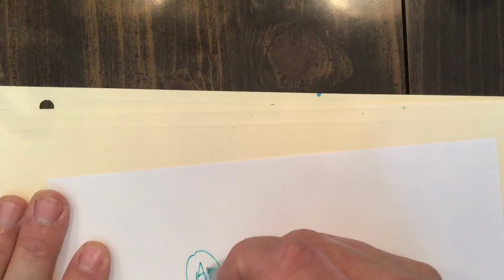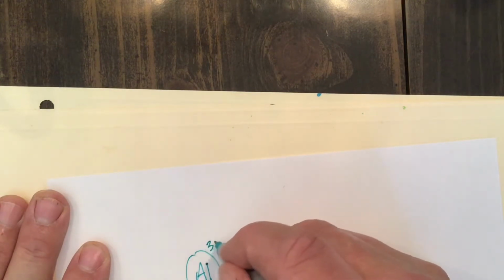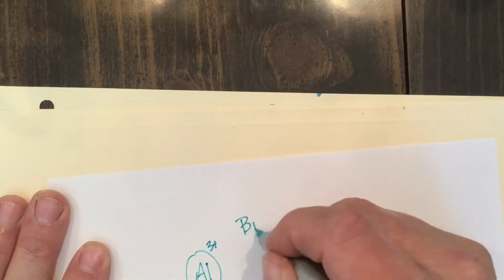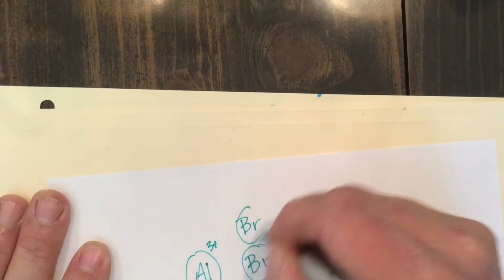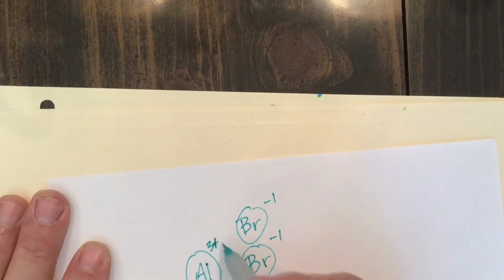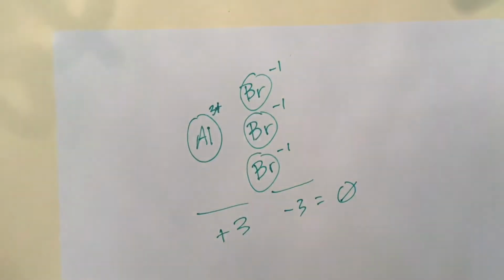If we were to look at these ions, we would see here's an aluminum ion with its +3 charge, and we would need +3, ding, ding, ding, -3 equals 0. The net charge, I'm sorry, I was off the camera there.